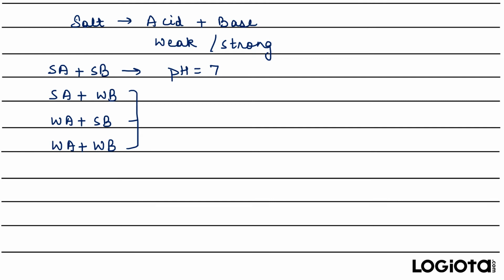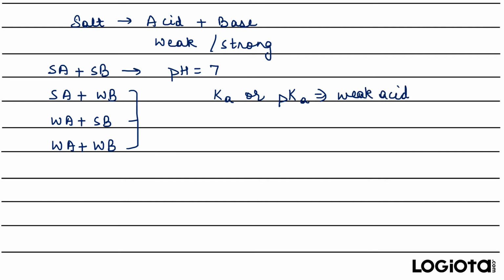Now, we first need to find which of these combinations the salt is made up of: strong acid and weak base, or the other combinations. For that, you can look at the question which is given. If Ka or pKa is given in the question, then it means that it is made up of a weak acid.